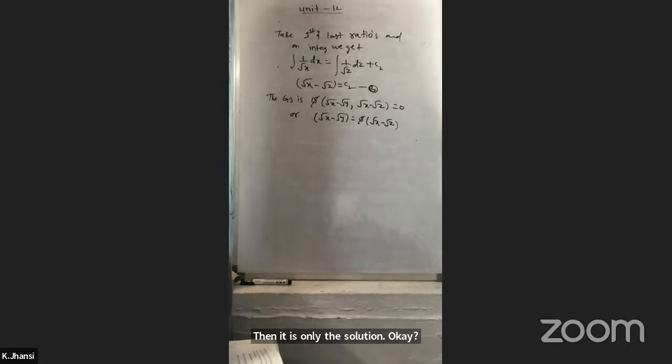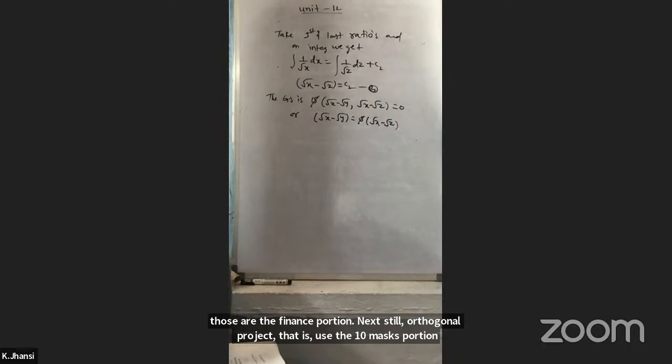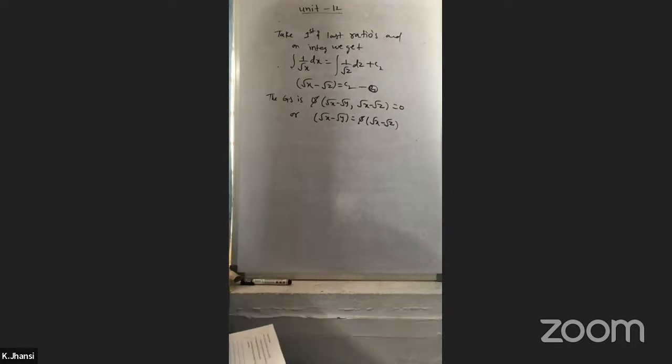So those are the 5 marks questions. Next, orthogonal trajectories is the 10 marks question. I have told you on the problems. Page number 147, 7.8.9.